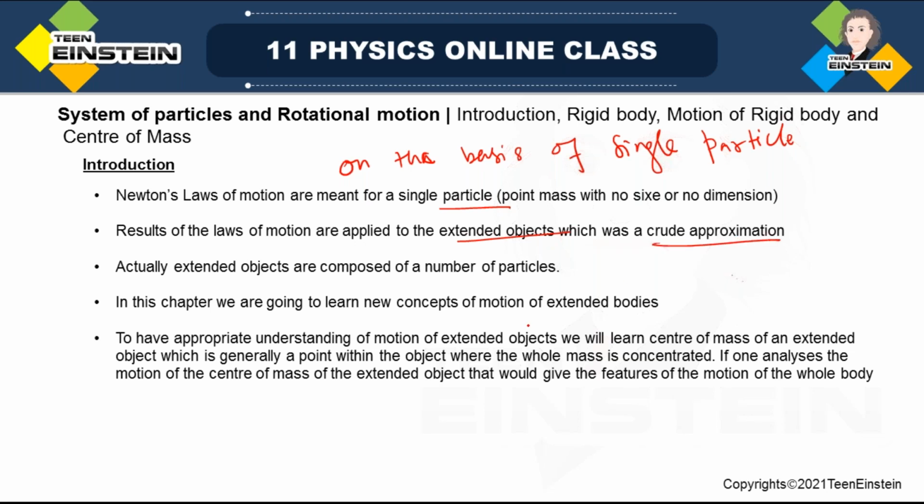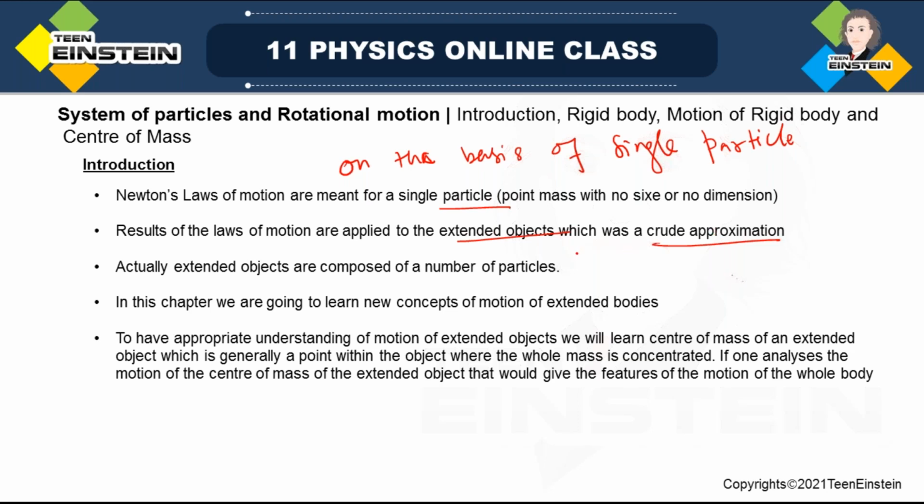We have already learned the motion of various objects using Newton's laws of motion, and it was actually a crude approximation, because these laws were actually meant for point particles or point masses.